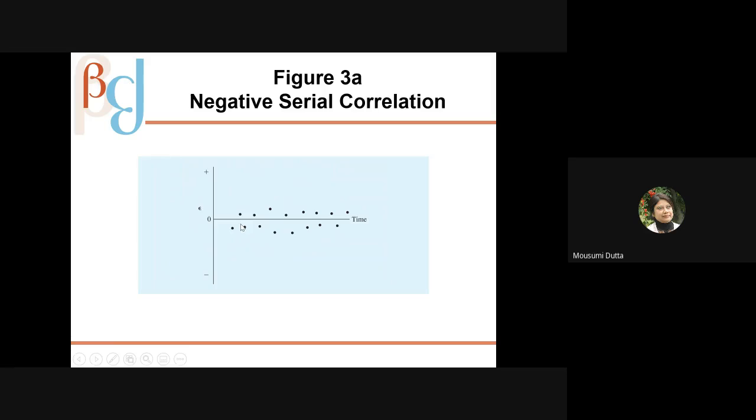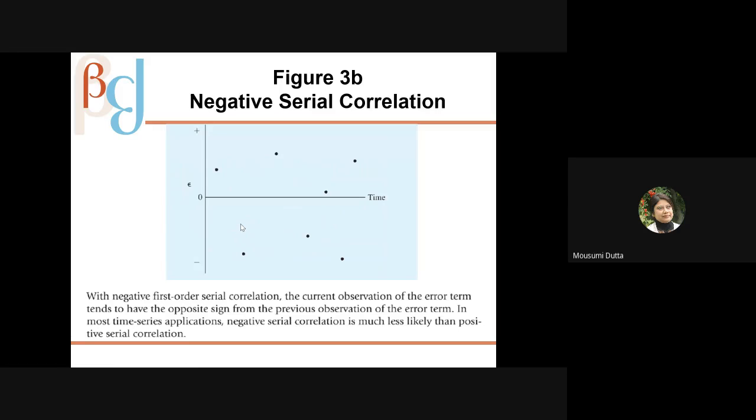So this is evidence of negative serial correlation. Okay, this is also negative serial correlation. First observation, second observation, third, fourth, fifth, sixth, so the direction is changing.